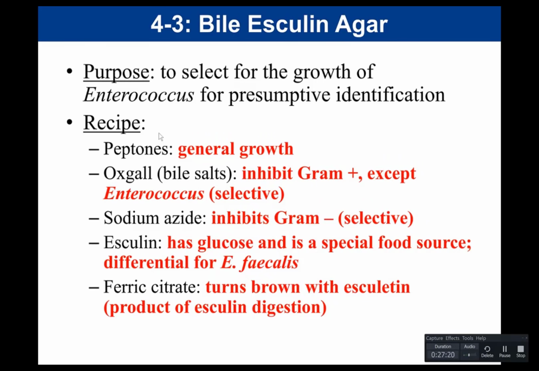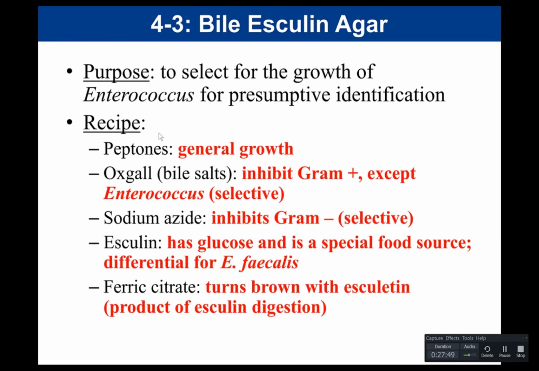We have peptones, which are there for general growth. We have oxgall, or bile salts, used to inhibit gram-positive. If you think back to our coliform testing, we had BGLB, which had bile salts, and coliforms are gram-negative, so in BGLB broth it was there to inhibit gram-positive.